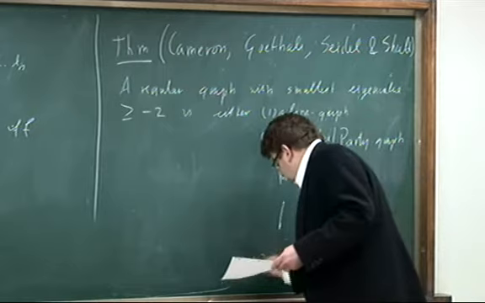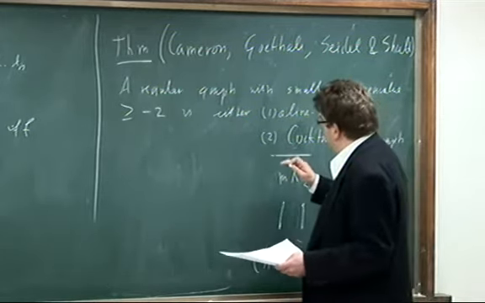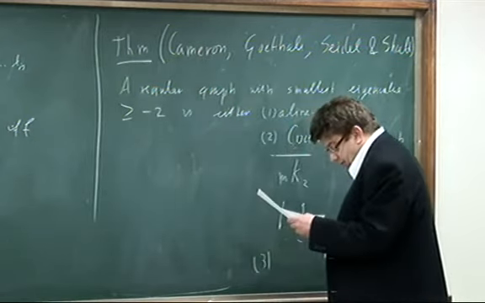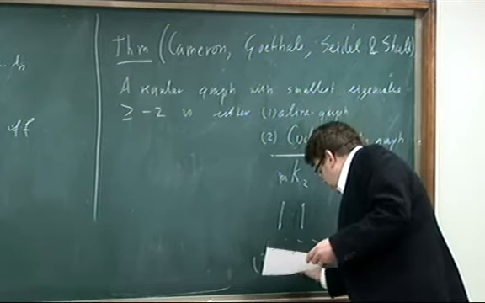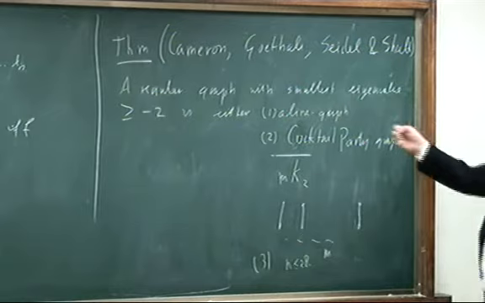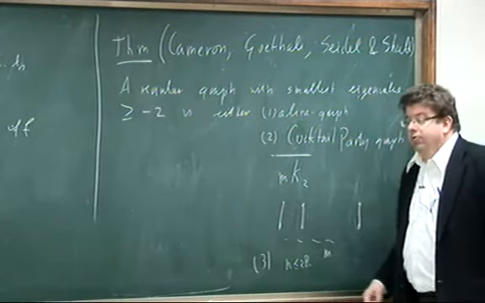Or, okay, you have that N is at most 28. Either you have one of the three cases, either the cocktail party graph or a line graph, or N is at most 28.